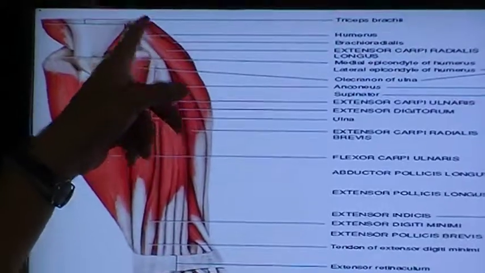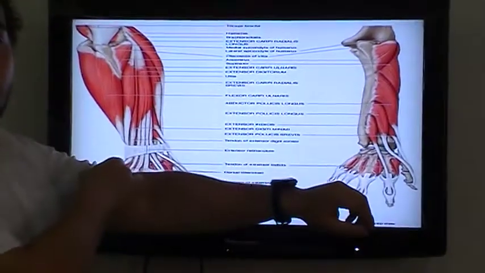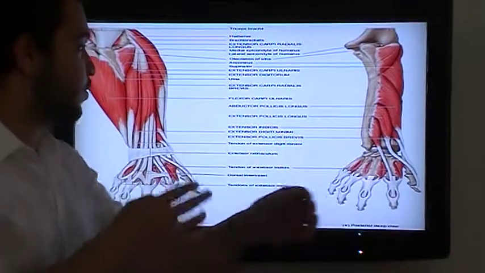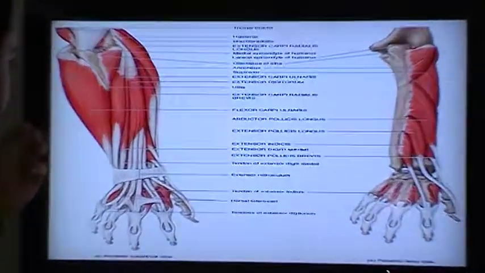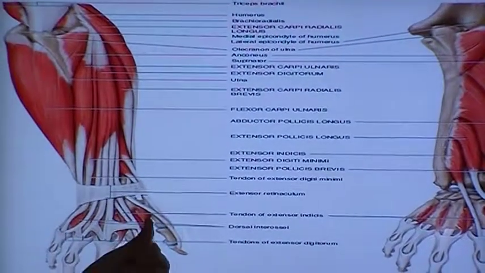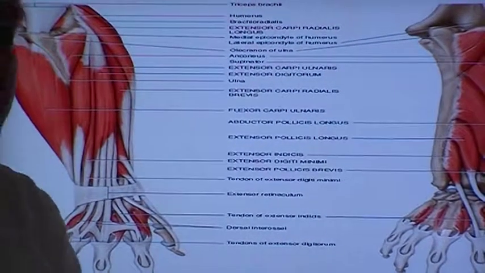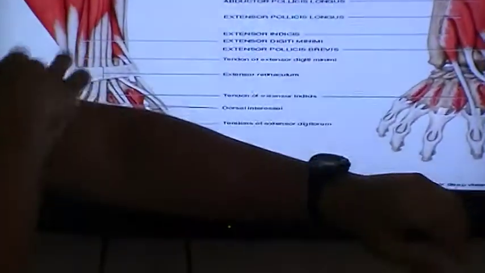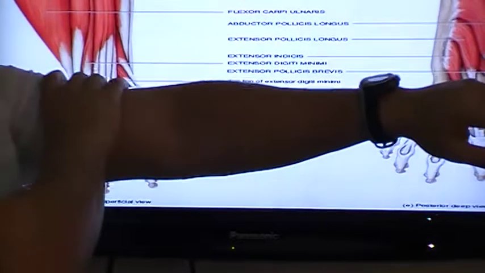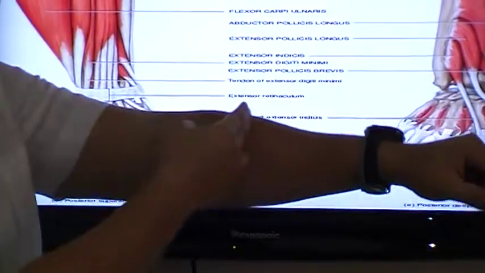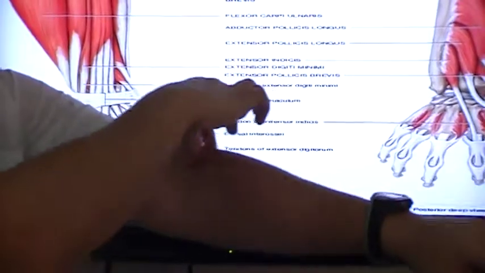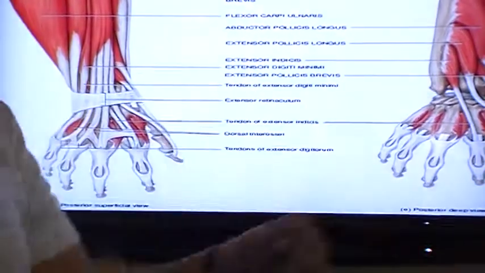It goes beyond the elbow joint. So this muscle is called brachioradialis. It's in the brachium, as I said. This is the brachium, and it's attached to the radial bone. So basically, we call this muscle brachioradialis.